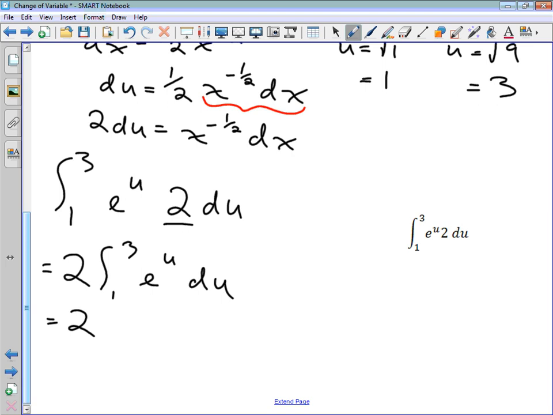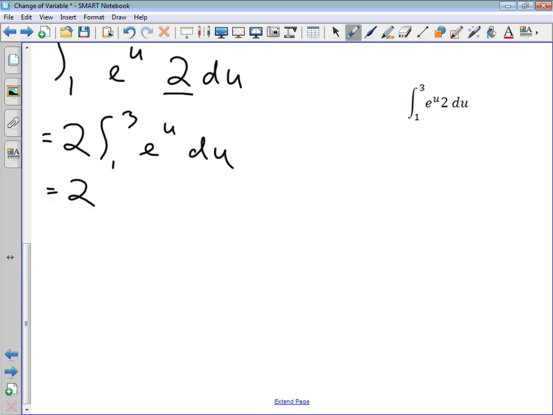What is the integral of e to the u? Well, it's an exponential function. When you integrate an exponential function, it's like differentiating an exponential function. You just get the same function. So this is going to be 2 times e to the u, and then we evaluate it at the 2 endpoints, 3 and 1.